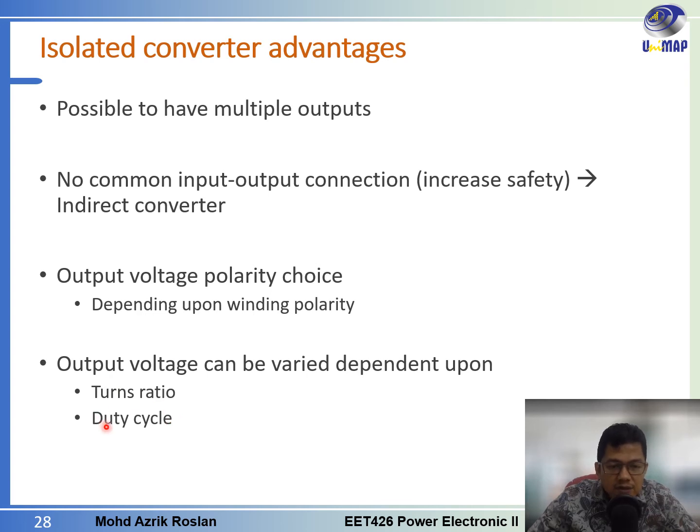But with the transformer, we can change the magnitude of the output voltage by controlling the turns ratio. The duty cycle can change from 0 to 1, and for the turns ratio, we can play around with N1, N2.